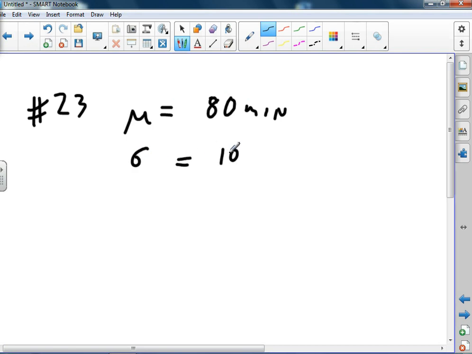Answer the following. What is the probability of completing the exam in less than an hour? Okay, so we need a Z. So Z is going to be 60 minus 80 divided by 10, also known as minus 0.2.